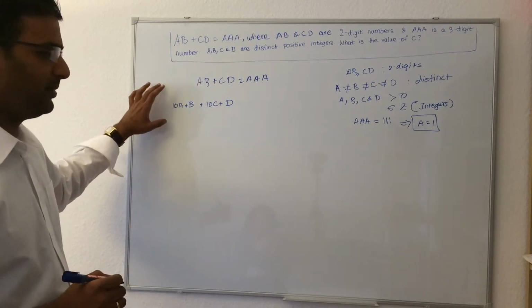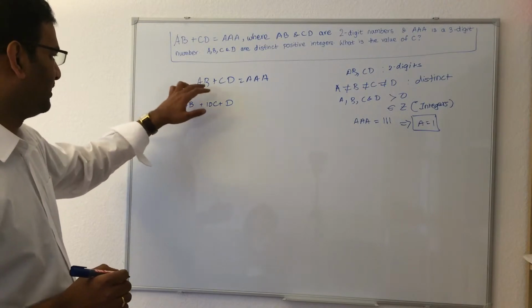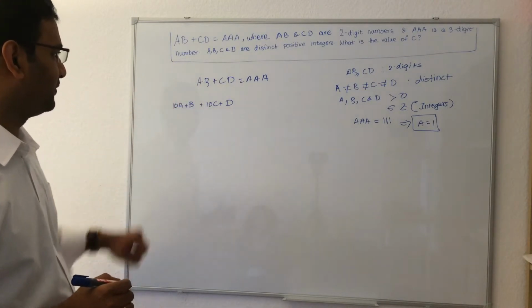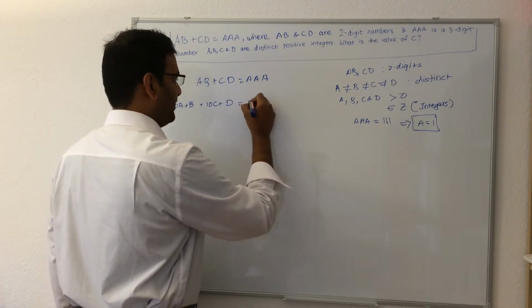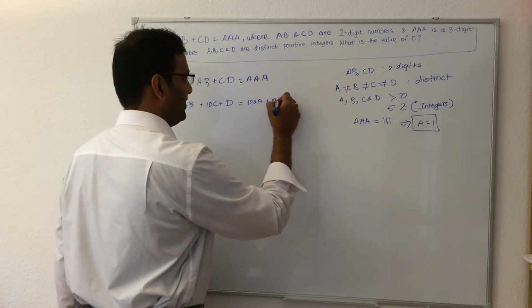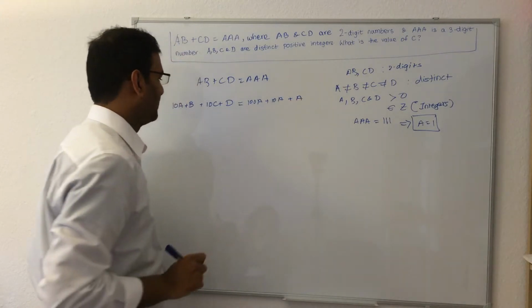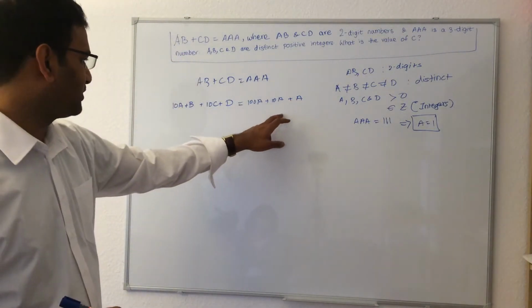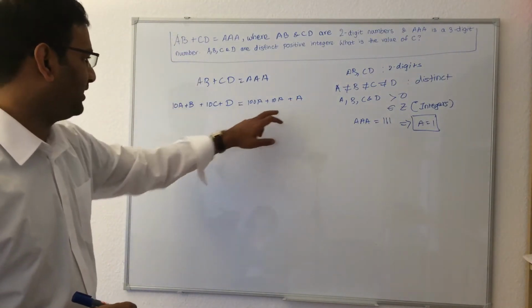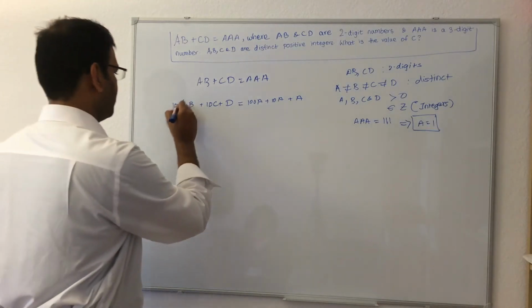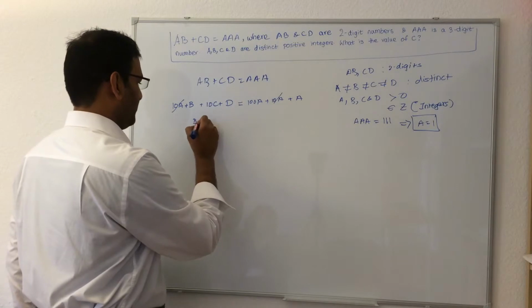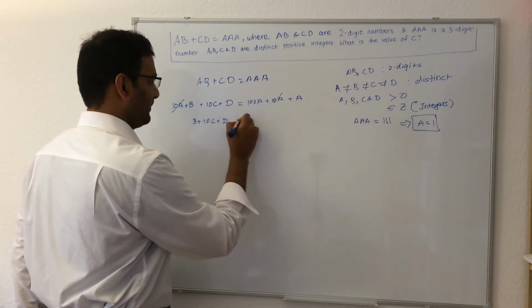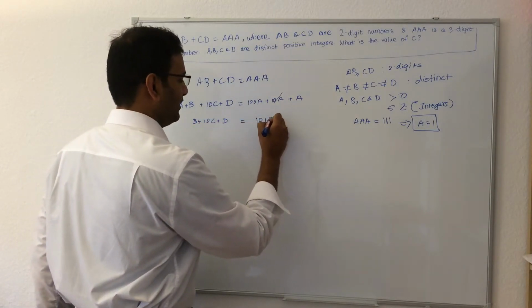Please check by applying some values of A and B for yourself. Similarly, we could rewrite the right hand side of the equation as 100A plus 10A plus A. Looking at the left and the right hand side of the equation, we see a common term 10A, which we could eliminate. Therefore, the equation boils down to B plus 10C plus D equals 101A.